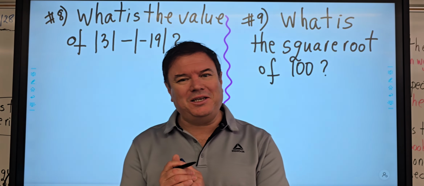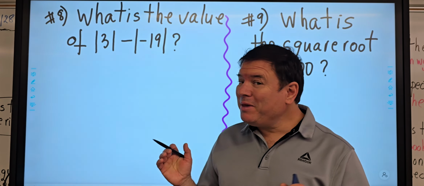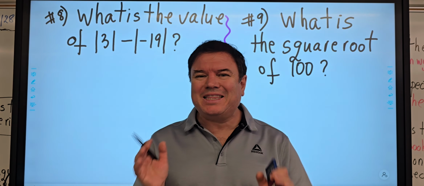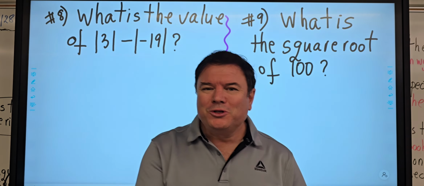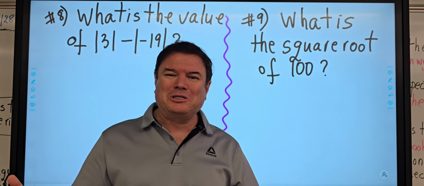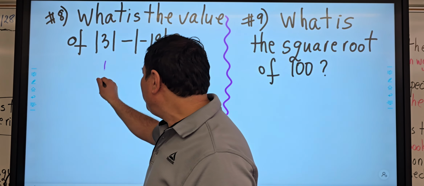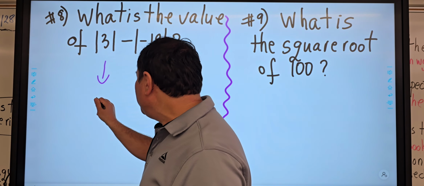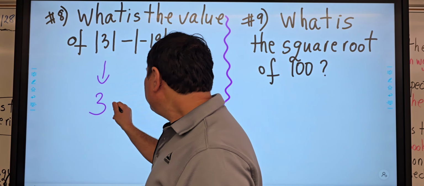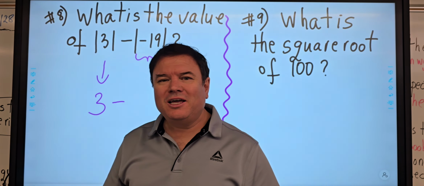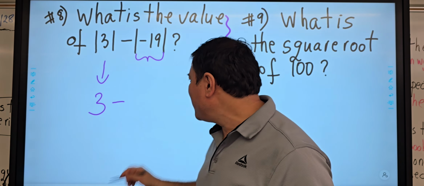You learned that in the 7th grade, because absolute value of a number represents the distance from 0 to that number, and distance is always positive. So again, absolute value of 3 is going to be positive 3 minus an absolute value of negative 19. It's also going to be positive 19.